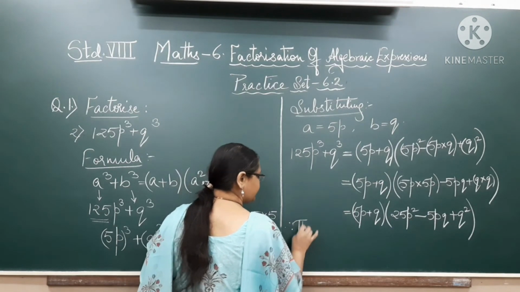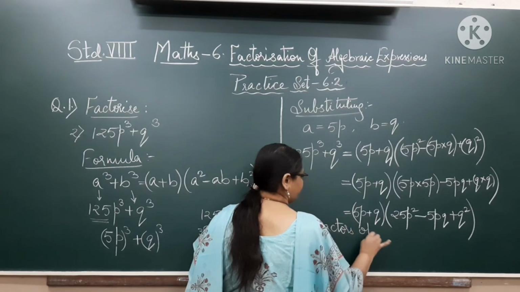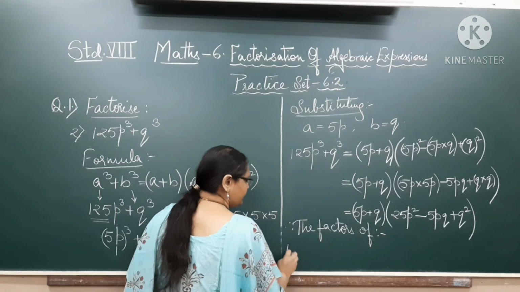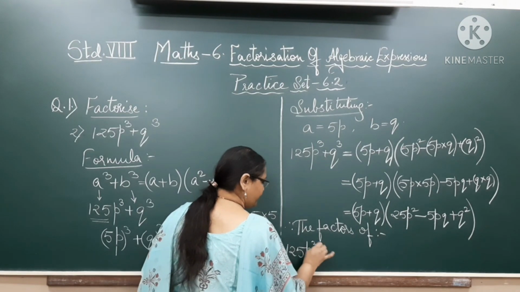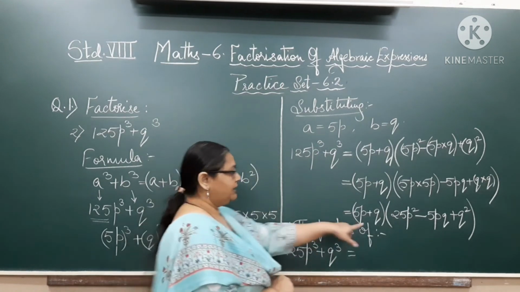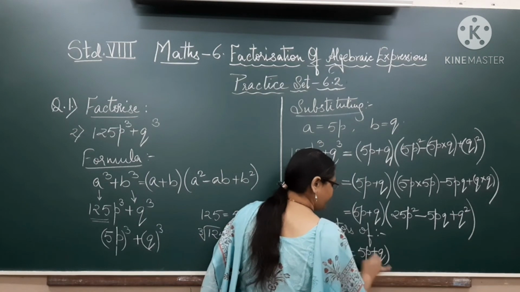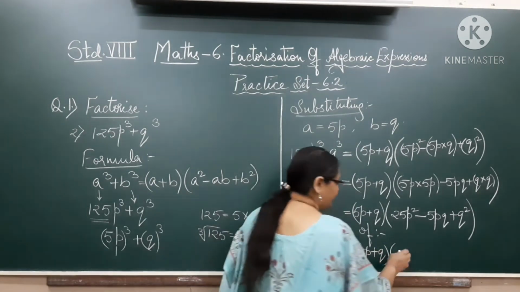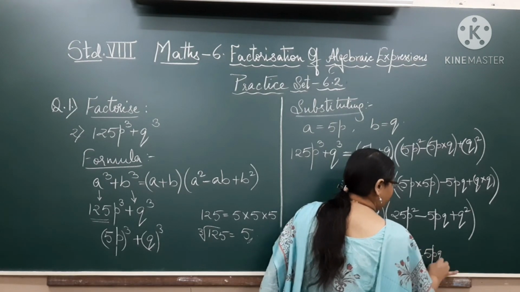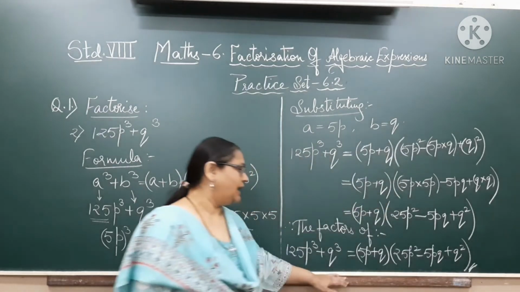Therefore, the factors of 125p cube plus q cube are 5p plus q and 25p square minus 5pq plus q square. That will be my answer.